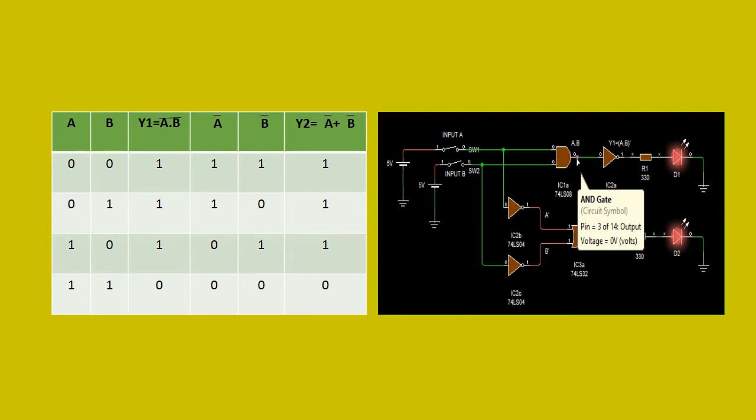This 0 is connected with this input terminal. So from the output terminal we get inverted output because it is an inverter circuit or a NOT gate circuit. So here we get one output, and this one output is coming through this path and D1 diode will glow. So D1 diode is glowing.